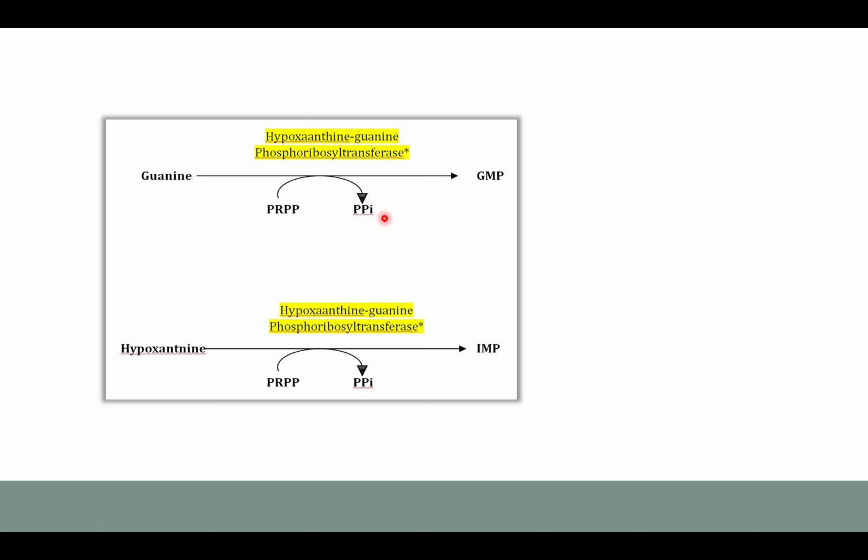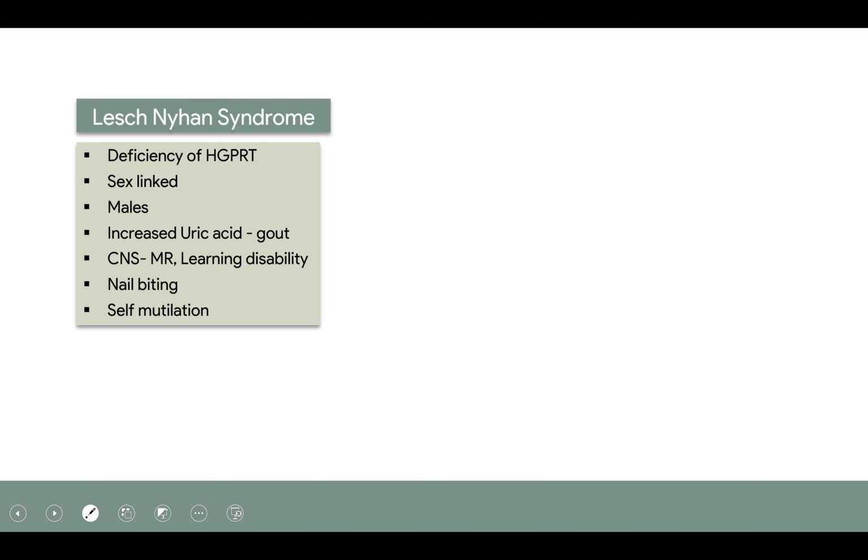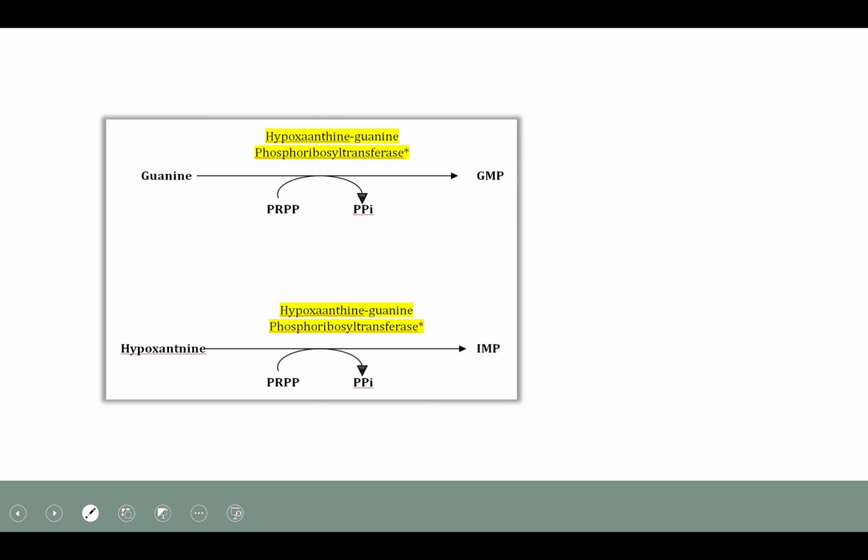This also utilizes PRPP as a donor. Now, this enzyme, hypoxanthine guanine phosphoribosyl transferase, is also called HGPRT, the deficiency of which leads to Lesch-Nyhan syndrome, which we'll be discussing in subsequent slides. Lesch-Nyhan syndrome is because of the deficiency of HGPRT.